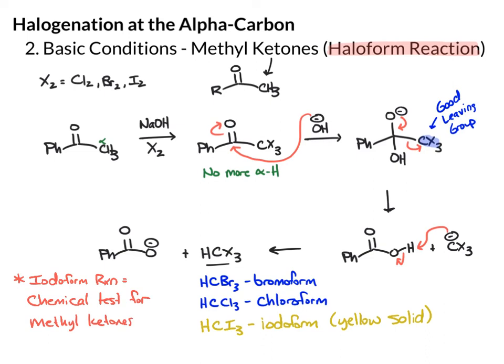So if you have an unknown, and you know it's a ketone, but you don't know if it's a methyl ketone, what you can do is add base and I2 to that. And if the reaction produces a yellow solid, that's a confirmation chemical test that you have a methyl ketone.